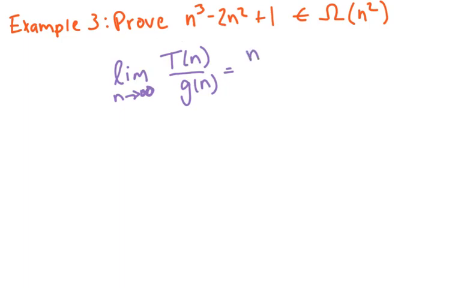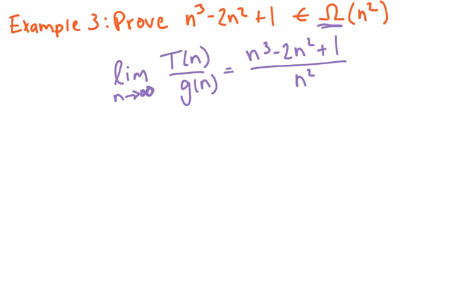Let's say n cubed minus 2n squared plus 1 over n squared. And I'm trying to prove that this is in big omega of n squared. Now, just by looking at it, I'm going to say that this is going to come out false because no, maybe.